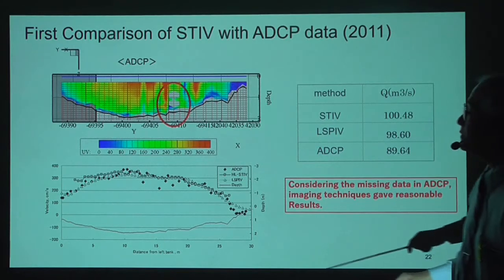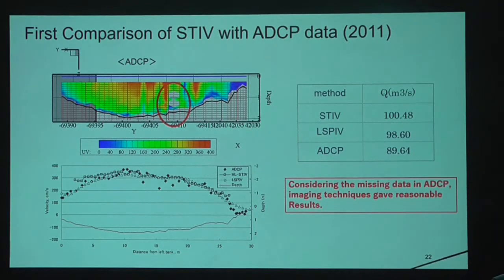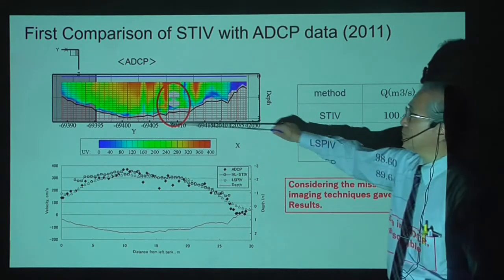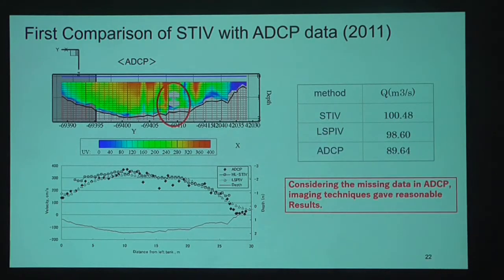And I was confident that the surface texture's movement can be used as an indicator of the surface velocity. To check the discharge, STIV yields 100 cubic meters per second, LSPIV 98. ADCP is a little smaller than this, but this may be due to the lack of this missing data.